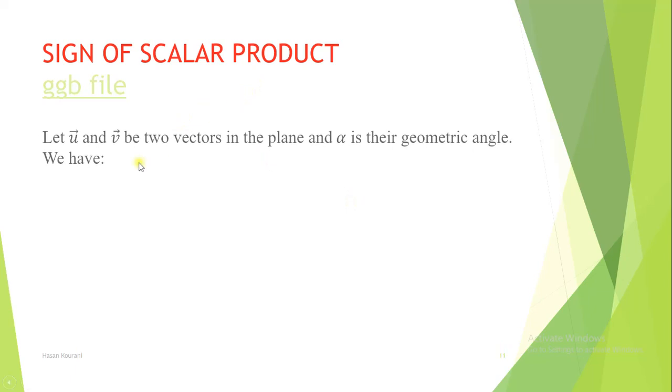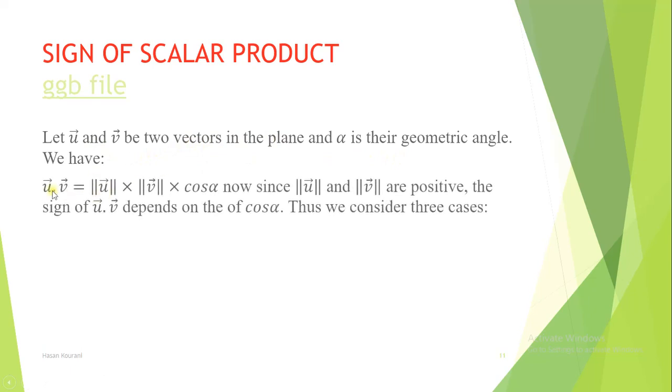In fact, if we have two vectors u and v in a plane and alpha is their geometric angle, we have, from the geometric definition, u dot v equal to the magnitude of u multiplied by the magnitude of v multiplied by what? Cosine alpha. Now, think about the sign of u dot v.